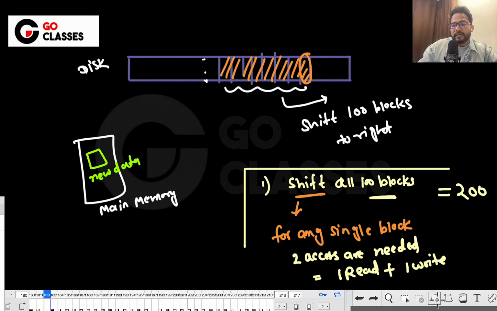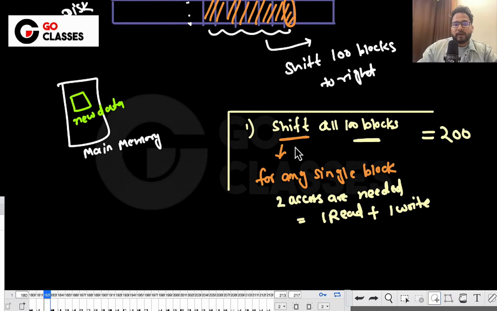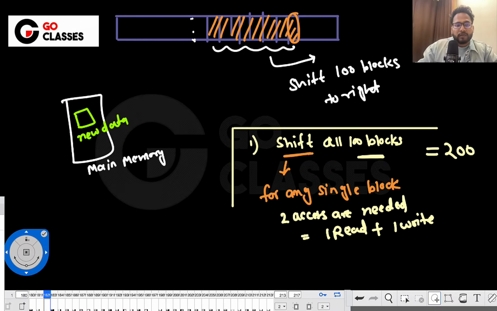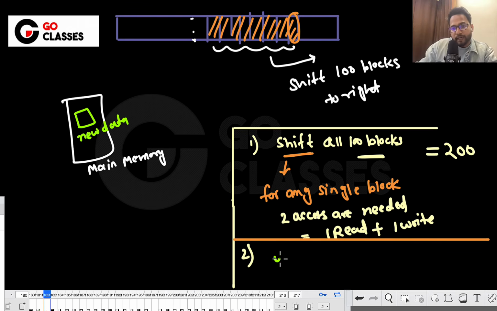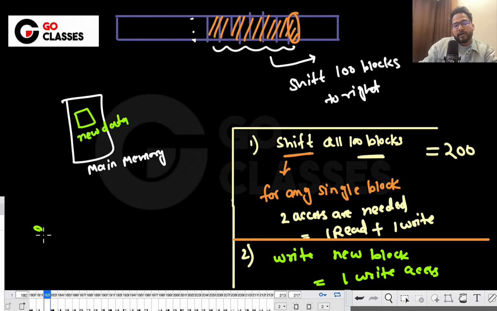So the second thing you do is just write the new block, which means one write access. Hence 200 for shifting plus one for the new data write, so 201 accesses are needed.